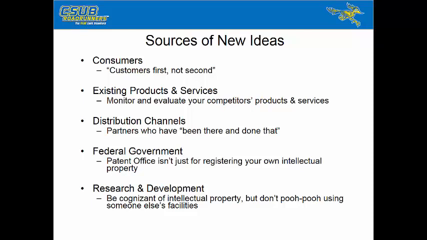Really playing with your competitors' products, not just going to the website once, but buying your competitor's product or service, using it, really getting an idea for how it works and how it could be better, is another great source of ideas for new products.